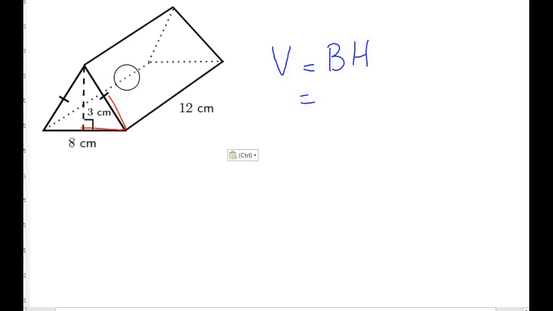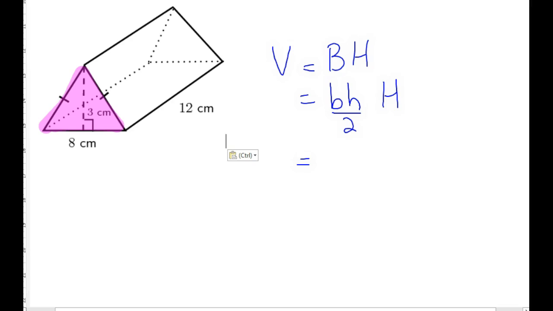And so we need to calculate its area first so that we know what our capital B is. When I focus in on this figure right here, I see that it's a triangle, and the area of that triangle is going to be the base of the triangle times the height of that triangle base divided by 2. And then at the end of that, I'm going to multiply by the height of the entire figure.